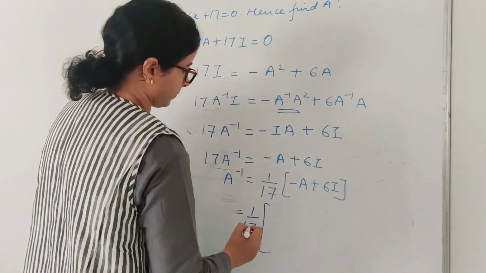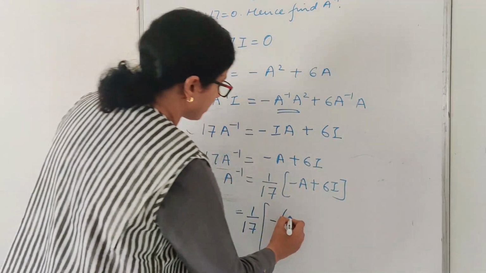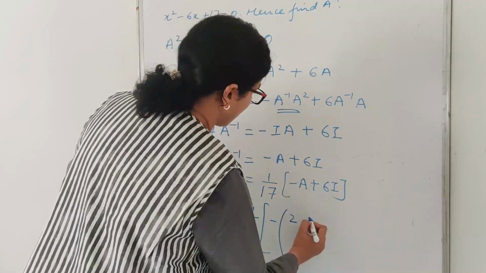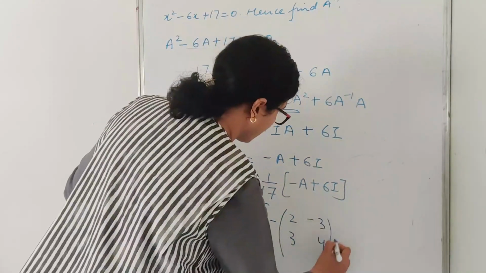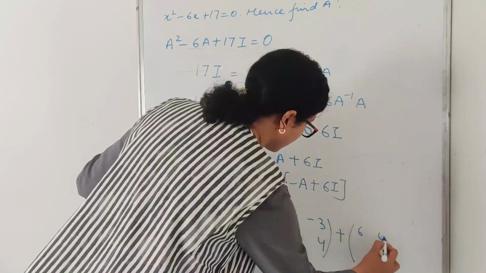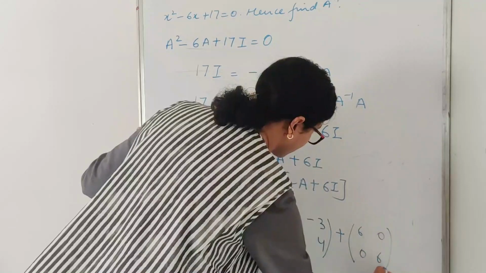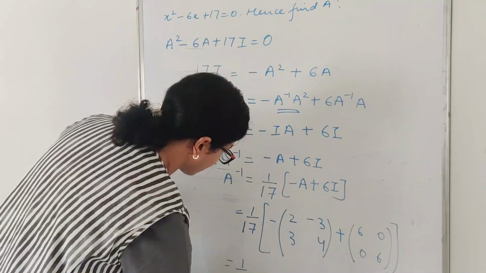Now we will substitute the values of A and identity and find the value of A inverse. So minus, what is my A matrix? 2, minus 3, 3, 4, plus 6 times the identity matrix, which will become 6, 0, 0, 6. Now we will solve this.